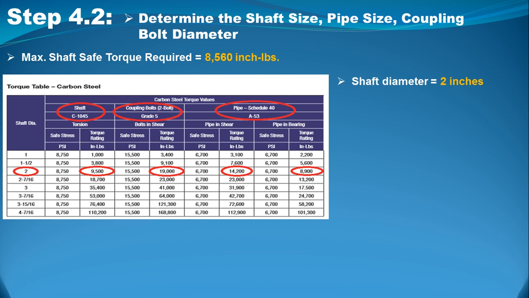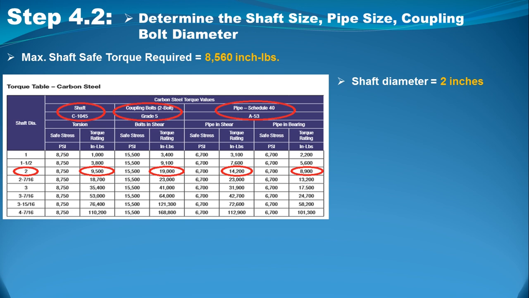The computed torque rating is 8,560 inch pounds. Based on the characteristic of the C1045 carbon steel, it has a torque rating capacity of 9,500. So we might choose that the carbon steel shaft diameter is 2 inches.